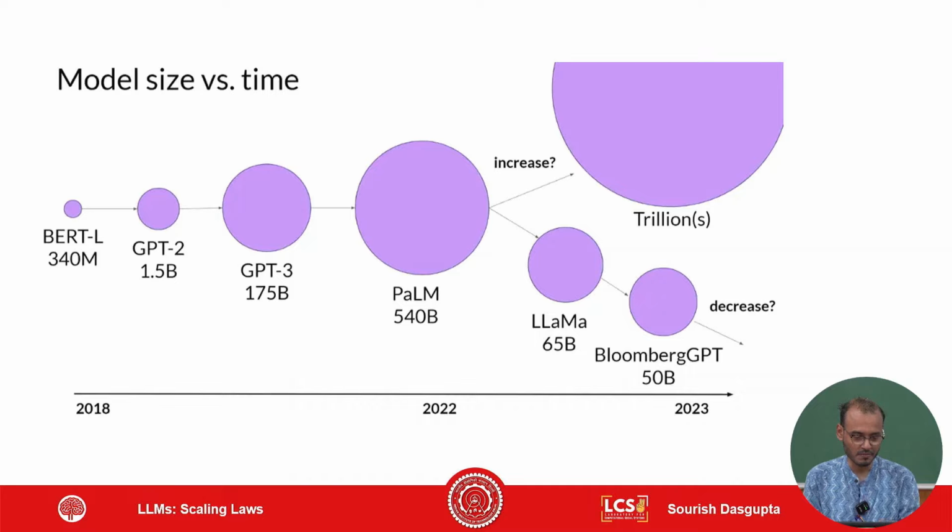Again, a recap or context to motivate today's talk. Starting from 2018 onwards, models are becoming really large, but then something started happening. It's almost like a trend coming back. From 2022, you're seeing two strands coming in. One is research moving towards smaller models, and another is moving towards even larger models.